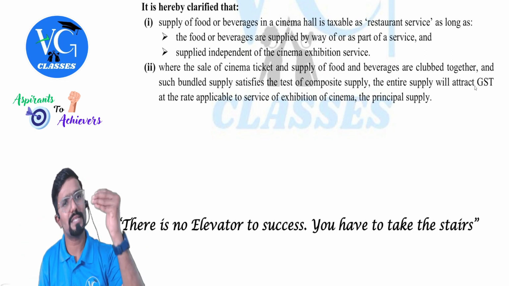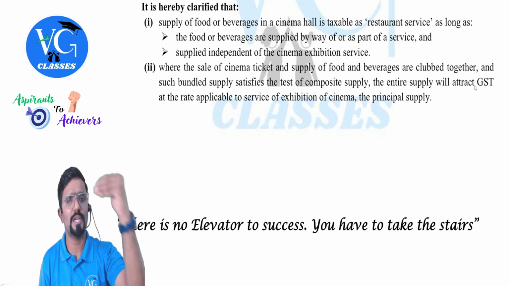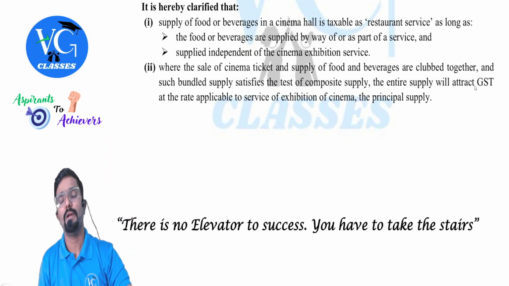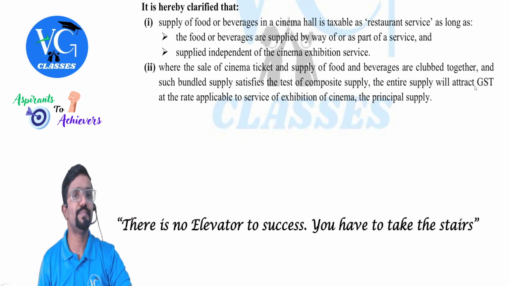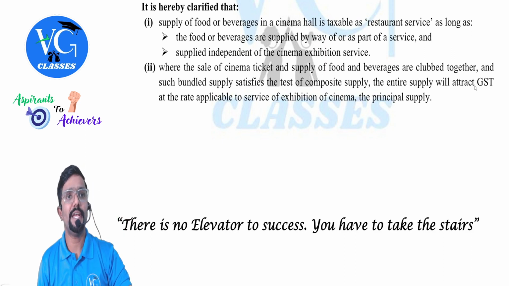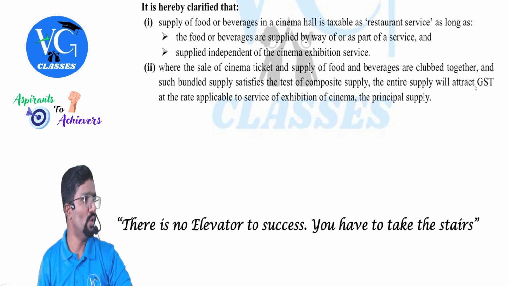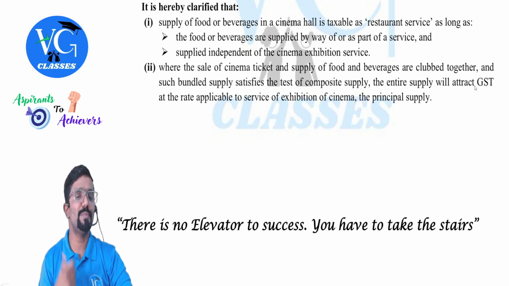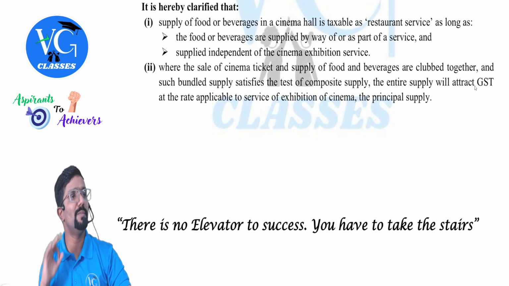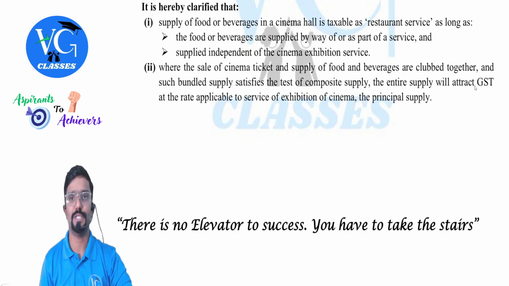So if I consider it as composite supply, assuming it is naturally supplied, what will be the principal supply, guys? Ticketing, exhibition of movie. That will be the principal supply on the entire 1000 rupees. Whatever is the rate applicable for exhibition of movie or cinema will be applicable on entire 1000.